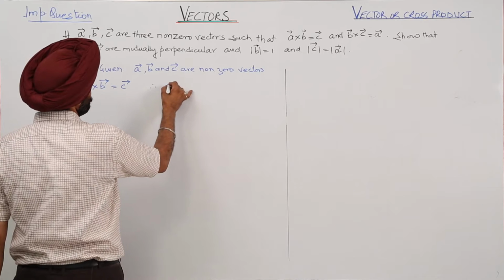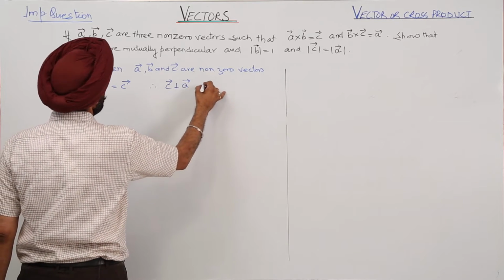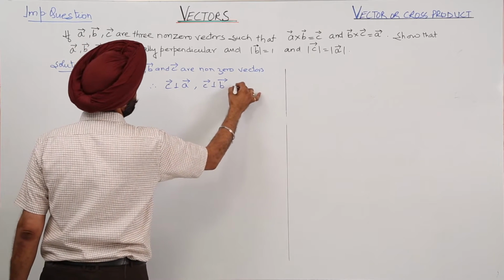This shows vector C is perpendicular to vector A and vector C is perpendicular to vector B.